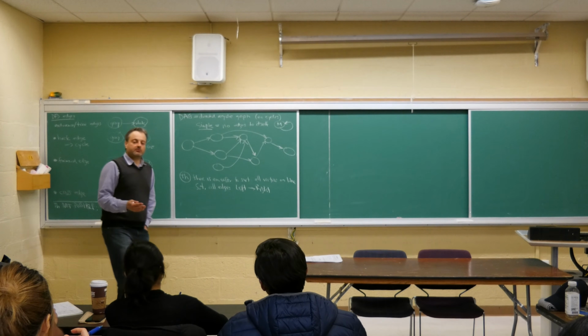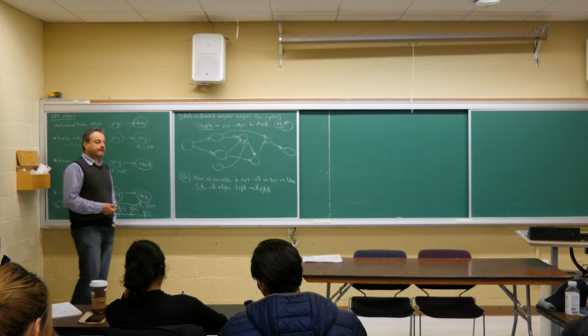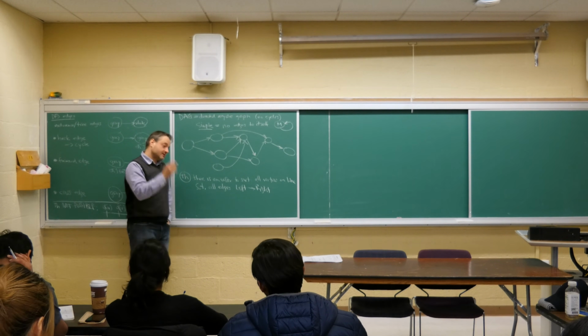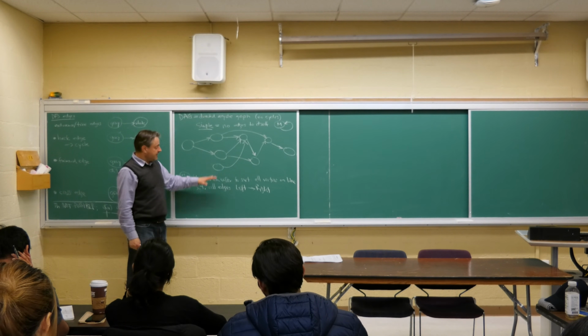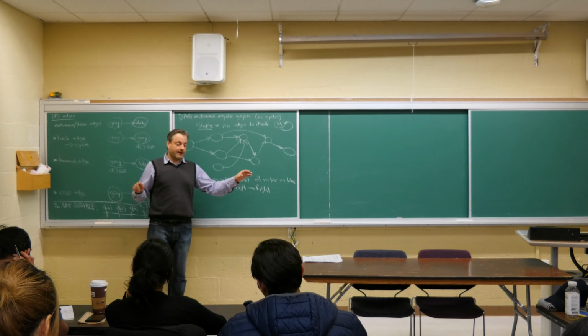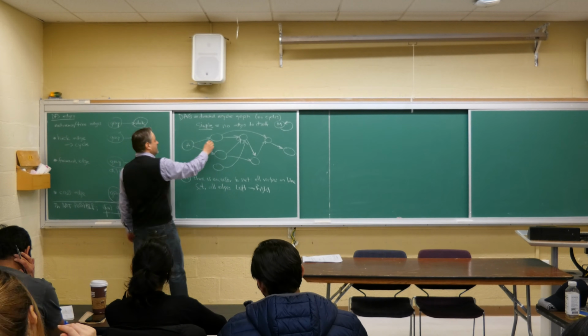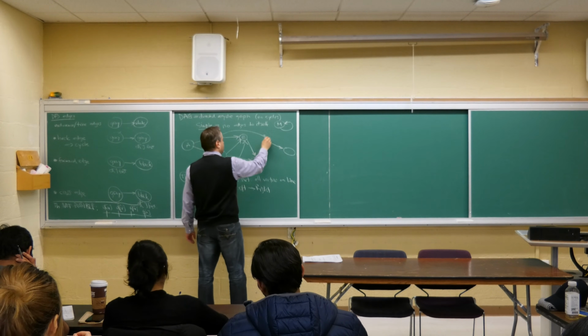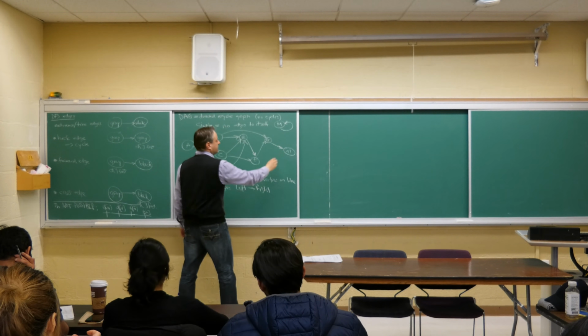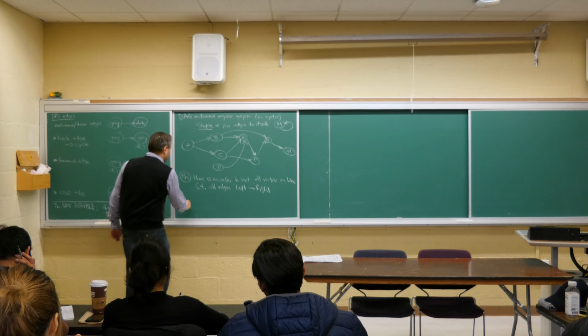This is a simple problem. I want to sort these vertices and arrange all of them on one line. So let's say A, B, C, D, E, F, G, H. That's a good order, right?